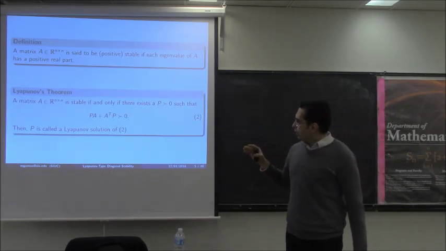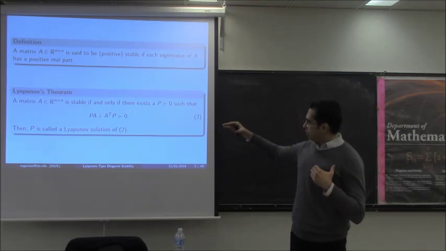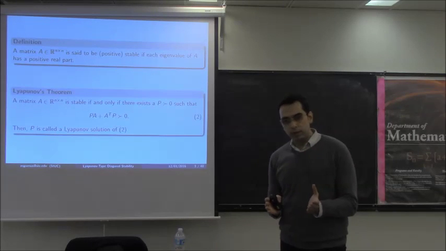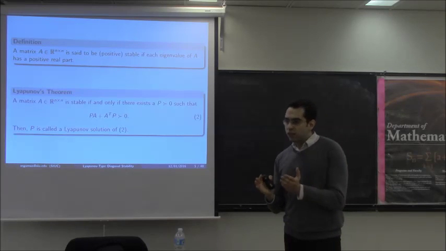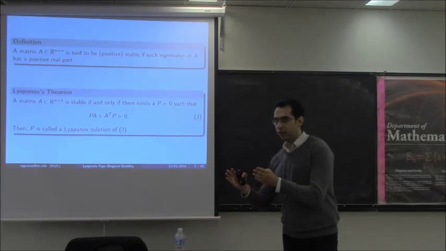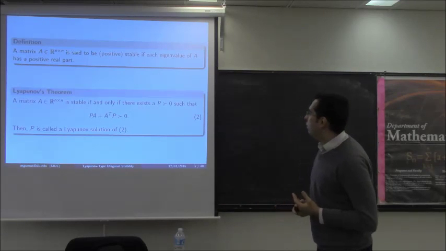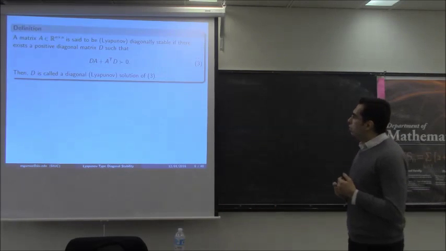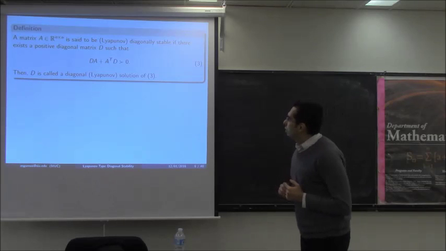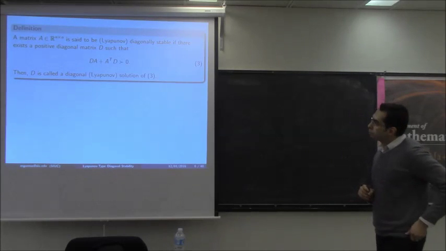Now, this theorem not only characterizes stability, but also gives us a new direction to study matrix stability, and to define new concepts and develop some new ideas here. Now, one of the concepts related to this is diagonal stability.